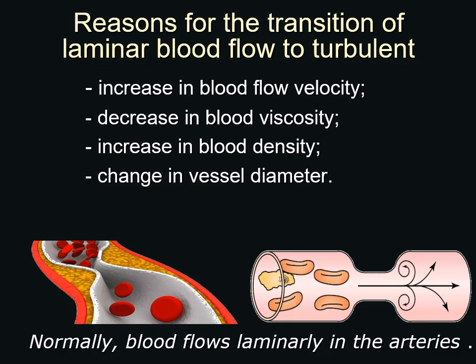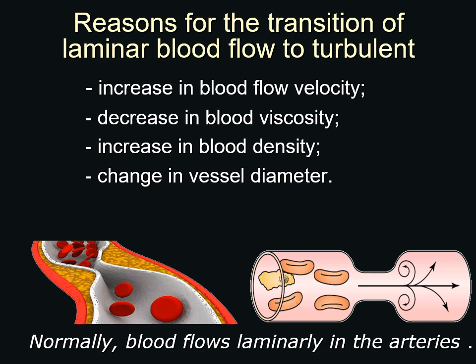Therefore, the energy that the body expends on moving this volume of blood through the vascular system increases. Blood moving turbulently, as I have already said, requires a lot of energy from cardiac activity.